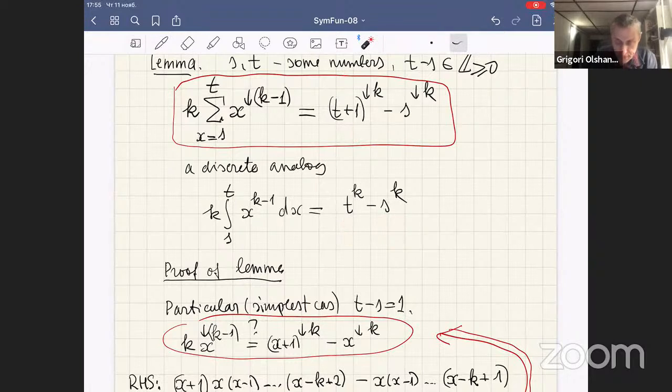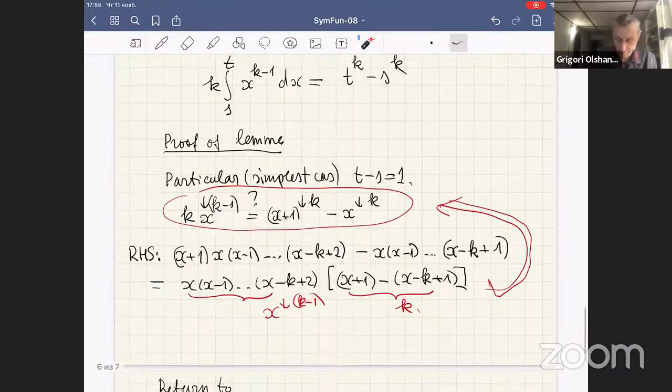We have to take some rescaling of variables, and after this rescaling, the factorial powers will turn to ordinary powers, and this shift will become very, very little, disappear in the limit. Okay.